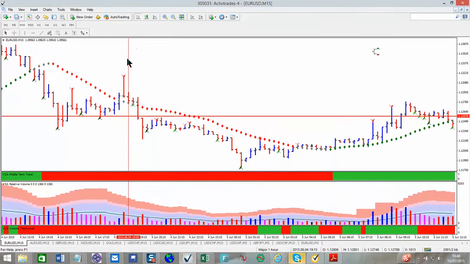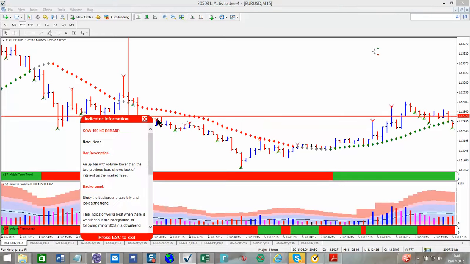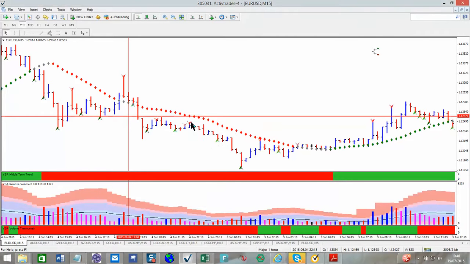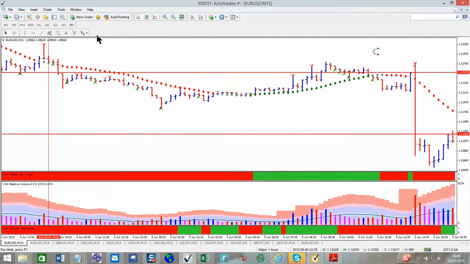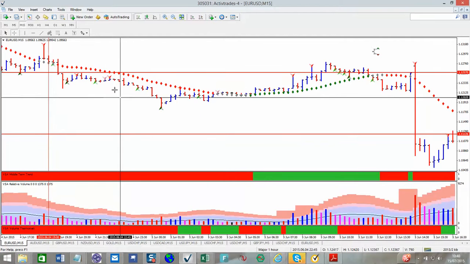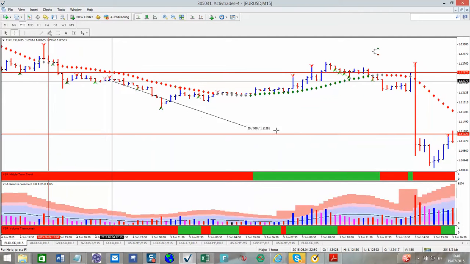So we can see the line, which is drawn from my hourly chart. It's broken my trigger number. There's the no demand bars. So I would have had an entry on the 15 had it decided to trade that at that point.